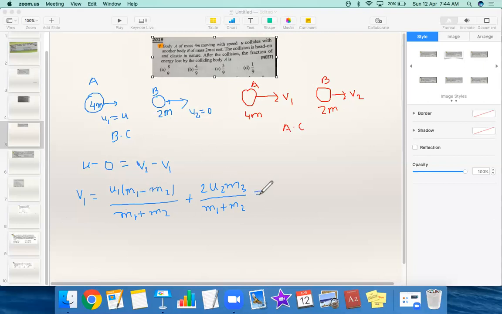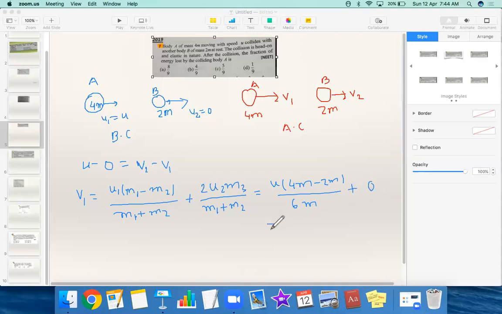So v1 is equal to u1. What is u1? u1 is u. What is m1? m1 is 4m. 4m minus, what is m2? m2 is 2m, divided by m1 plus m2. 4m plus 2m is 6m. What is u2? u2 is 0, so this term is 0.